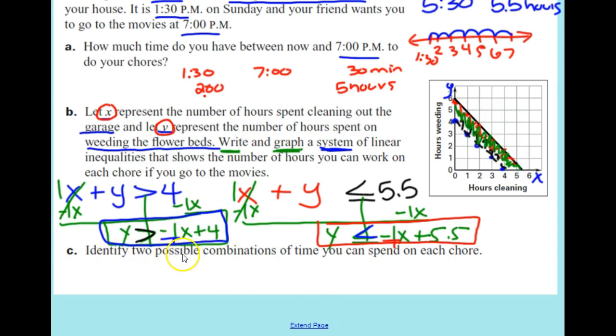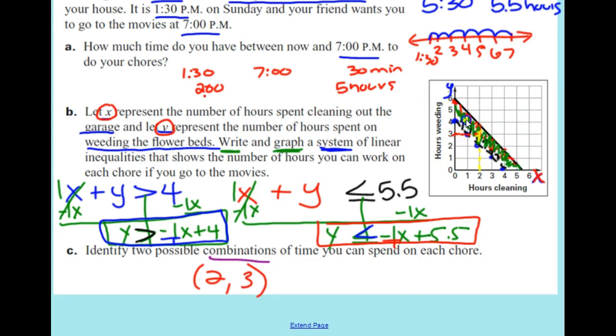So it says identify 2 possible combinations of time you can spend on each chore. So you need to pick 2 dots that are within this shaded area. If I pick this point right here, that would be 2 hours, if you go down here, 2 hours cleaning, which is X, and over this way, 3 hours weeding, so 2, 3.